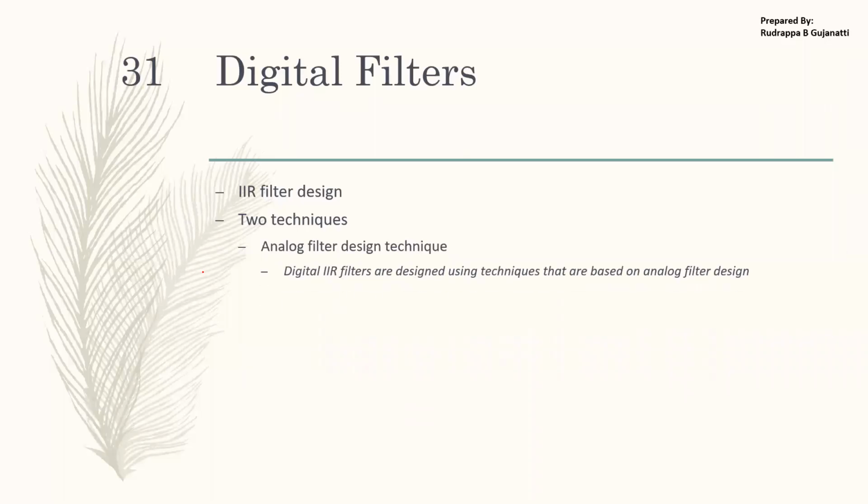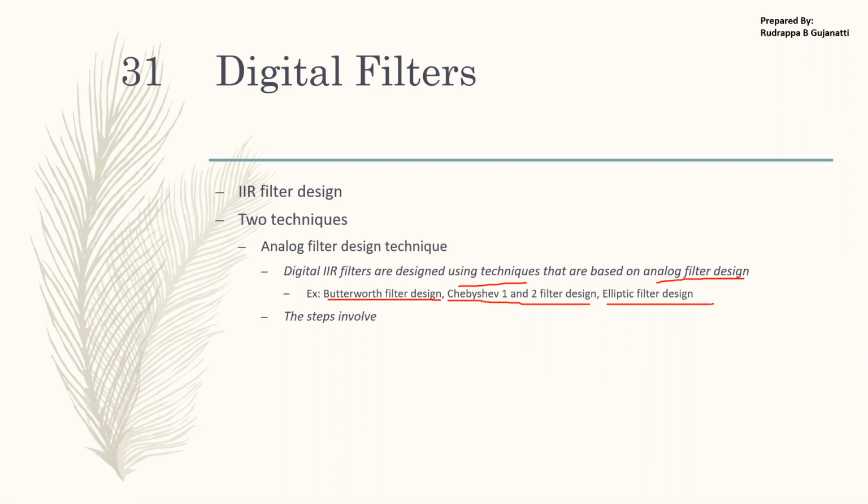In this one, you are using the techniques used to build analog filters, and then you implement the transformation. Some examples are Butterworth filter design, Chebyshev 1 and 2 filter design, and elliptic filter design. Now, what are the steps involved when using the analog filter design technique?